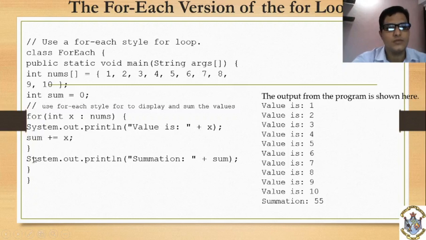After this body of statements, control automatically moves to the next element, which is assigned to x, and you display that x value. Now x is 2, and 1 plus 2 is 3. Likewise control moves to the next element, which is assigned to x and processed. After processing, the value in sum is displayed. The summation is 55. Got it?